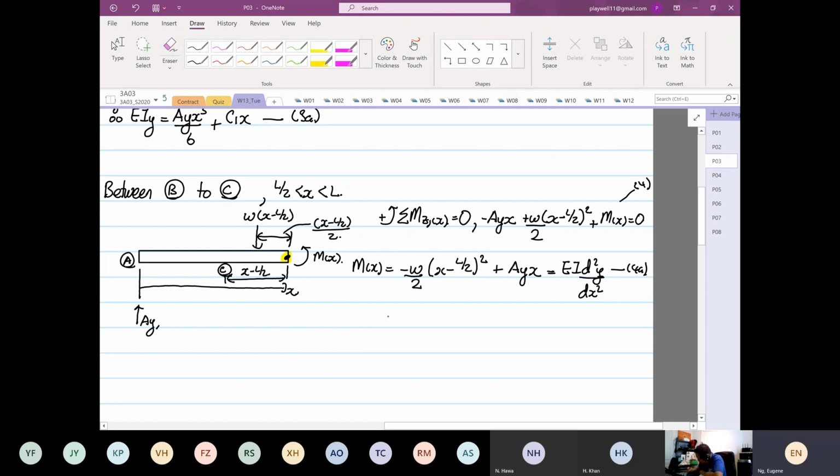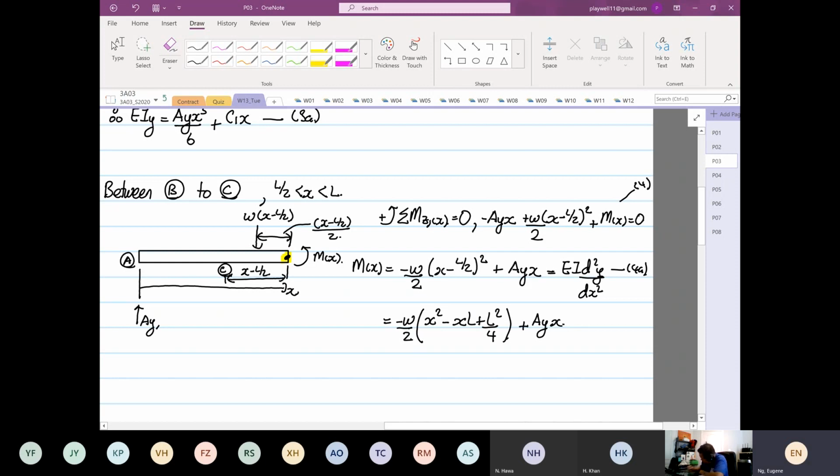So this is equal to minus omega over 2, I'll leave the omega over 2 on the outside, times x squared minus xL plus L squared over 4. So this is plus Ay x, sorry.